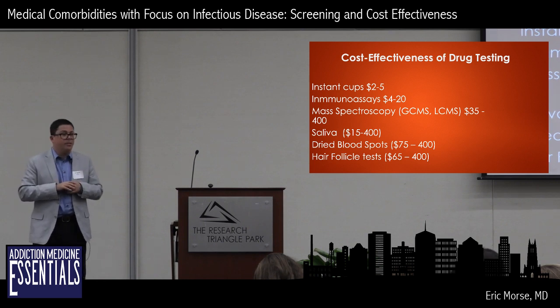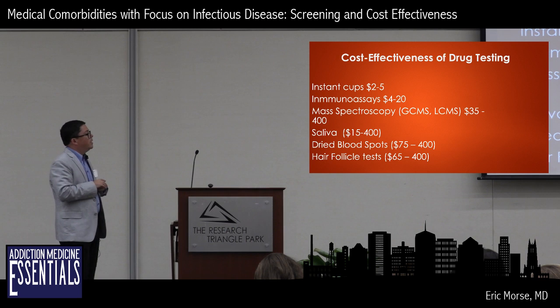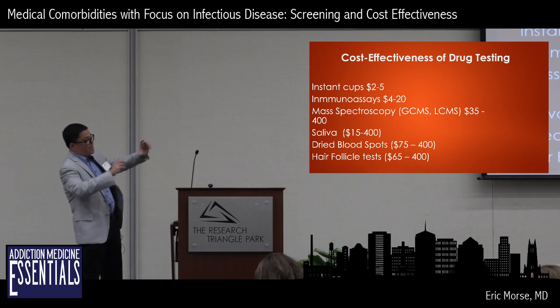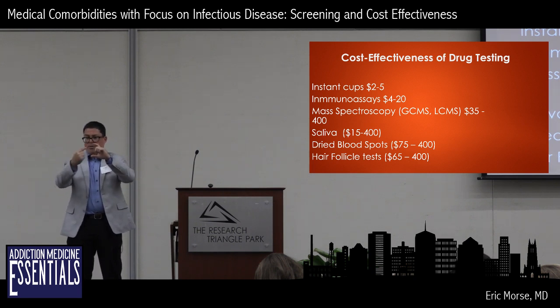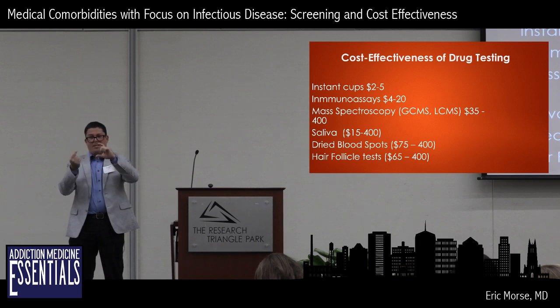That's a big question. So what are you testing for? And do you need to confirm when you get an instant cup and you get 14 different results? Which one of those do you really need to confirm? And so it's important to understand what it's testing for and what it's not testing for, right?